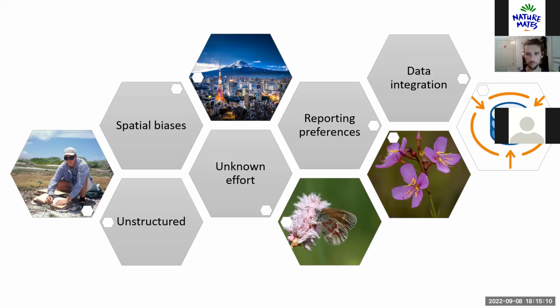There are also reporting preferences, with showy flowers, for example, being collected more than difficult-to-ID sedges. On top of all these challenges, integrating these data across multiple host institutions and aggregators presents its own challenges of how to make these data FAIR, or findable, accessible, interoperable, and reproducible.